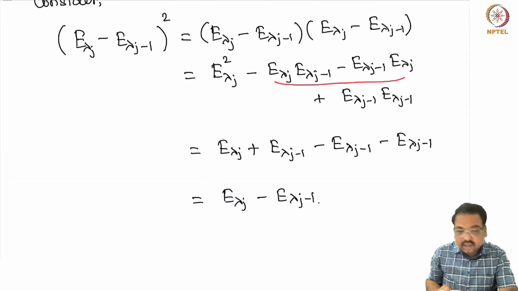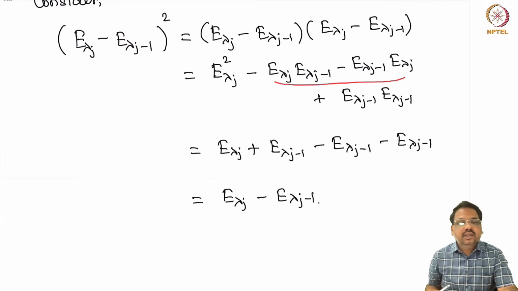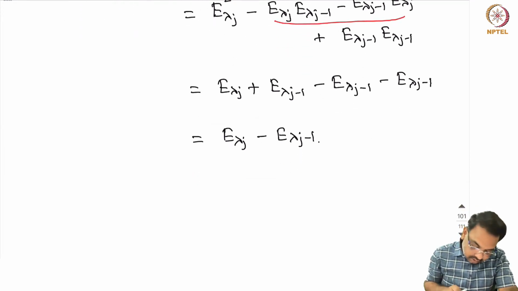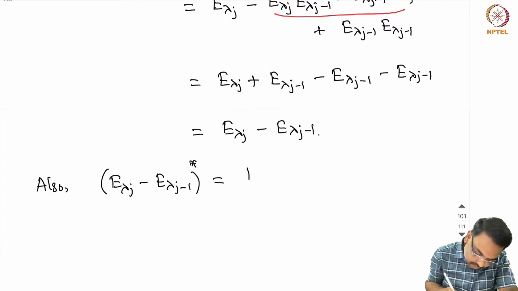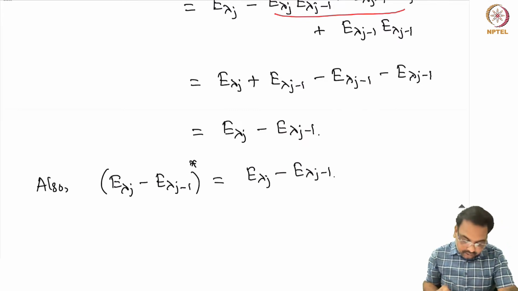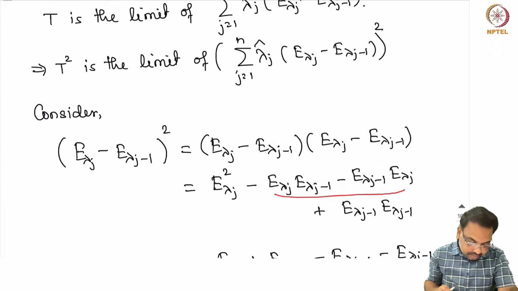Now E lambda j and E lambda j minus 1 are orthogonal projections, hence they are self-adjoint. So note that this is E lambda j minus E lambda j minus 1. That means E lambda j minus E lambda j minus 1 is an orthogonal projection.